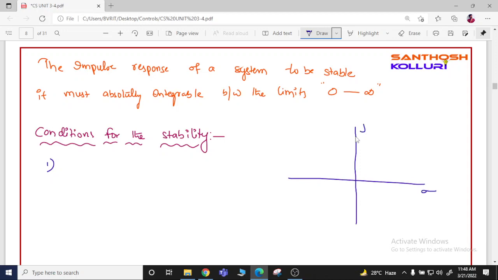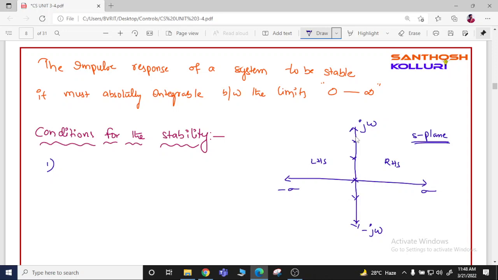The S plane is nothing but the sigma j omega plane. So this is minus sigma, minus j omega, called the S plane. Here this is the origin, this is the left hand side of the S plane, this is the right hand side of the S plane, and this is the imaginary axis.